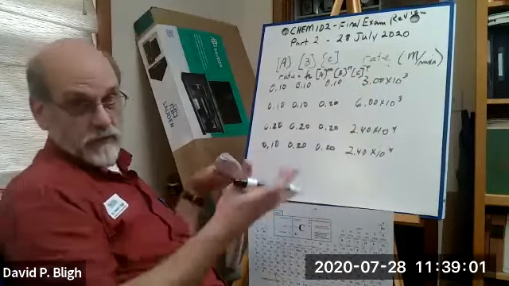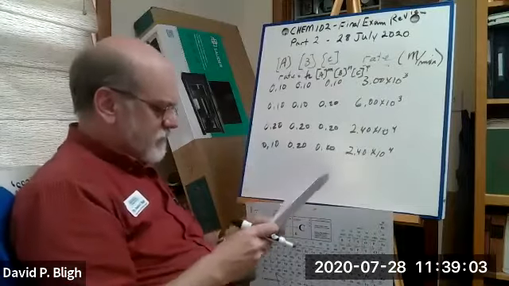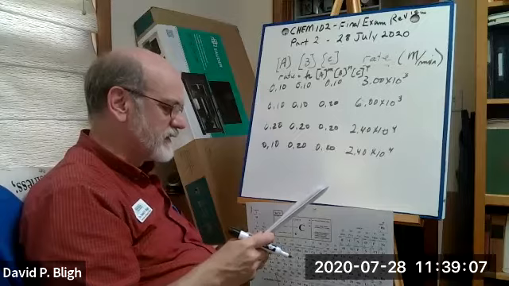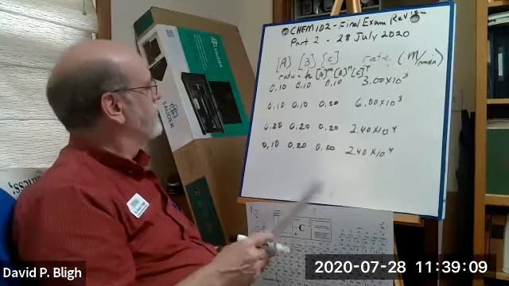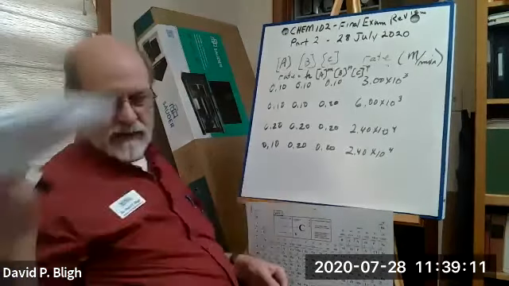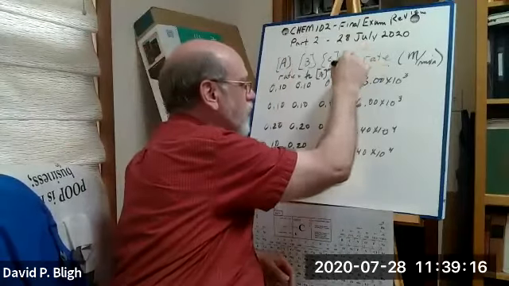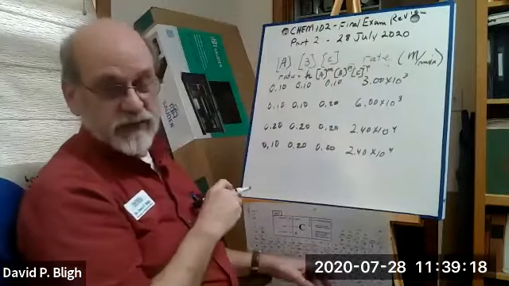Okay, the order of each one. So let's say let's pick B. We want to know what's N. What's the order of B?